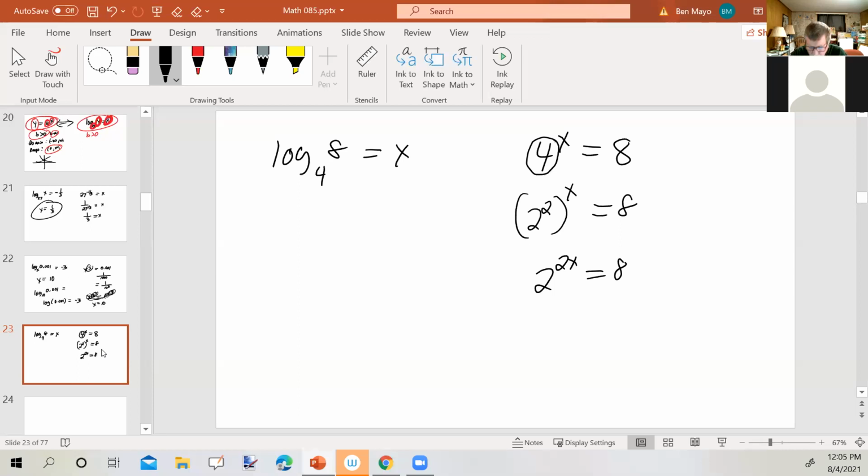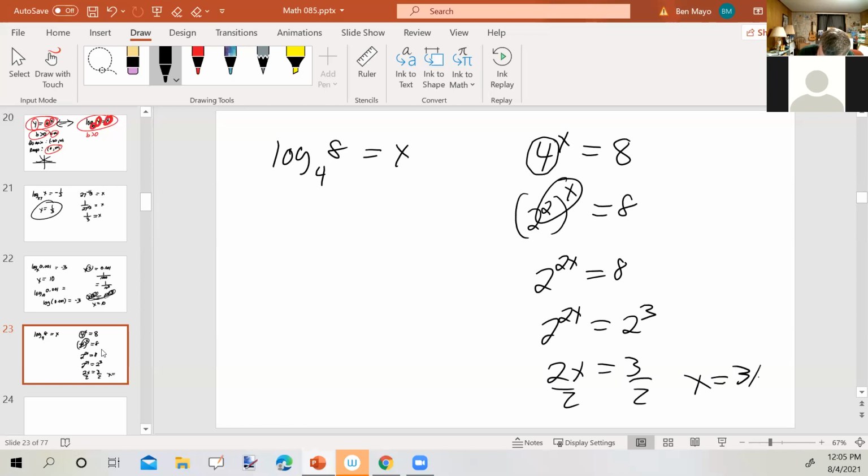So 4 to the x is 2 squared to the x is 2 raised to the 2x power. Now, 8 is 2 cubed. So 2 to the 2x equals 2 cubed. Since the bases are the same, the exponents are also equal. So 2x equals 3. Let's solve for x. Divide both sides by 2. X equals 3/2.